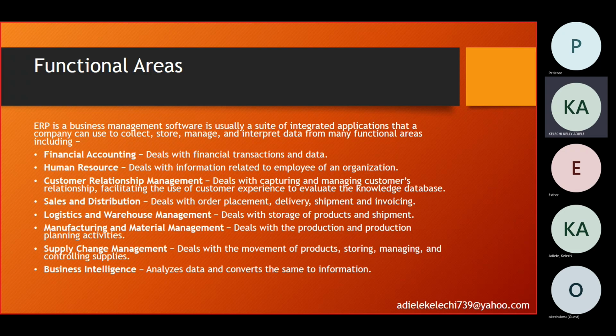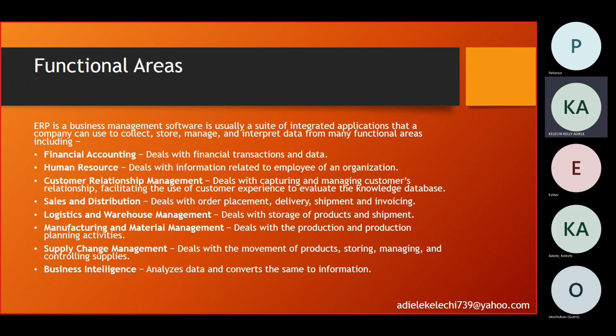You have sales and distribution, which handles orders, delivery, shipment, and invoicing. You have logistics and warehouse, which is part of materials management, which we call warehouse management, WM. We have manufacturing and materials management, MM. We have supply chain, also part of MM.